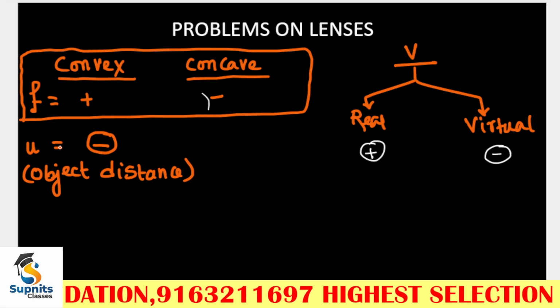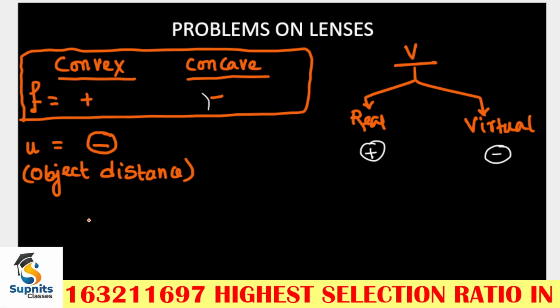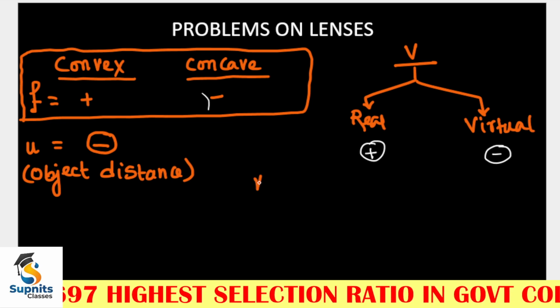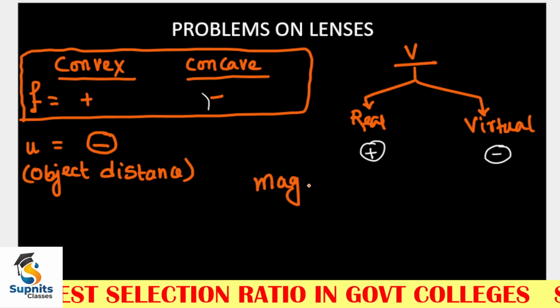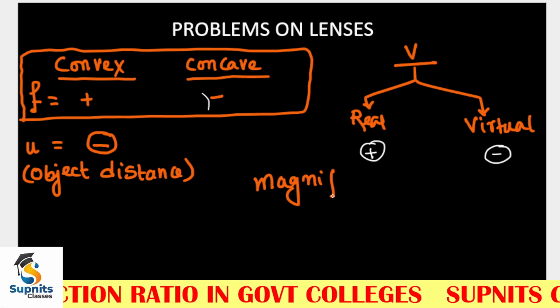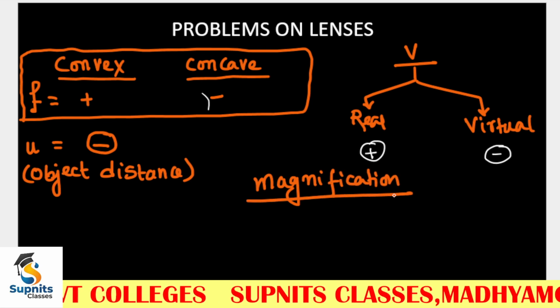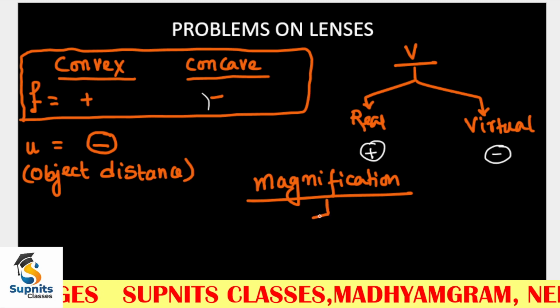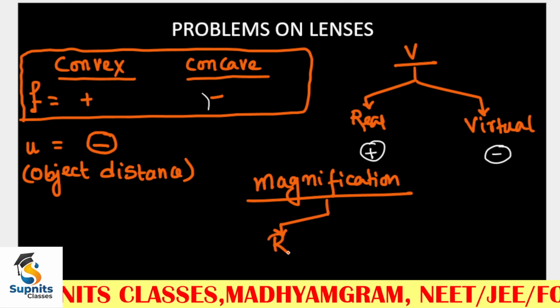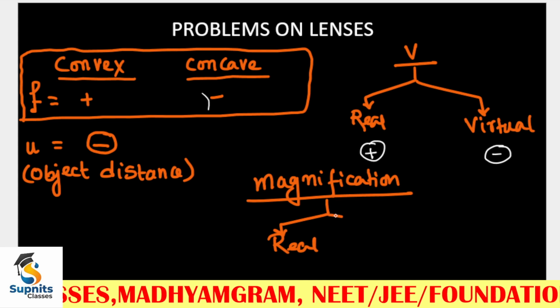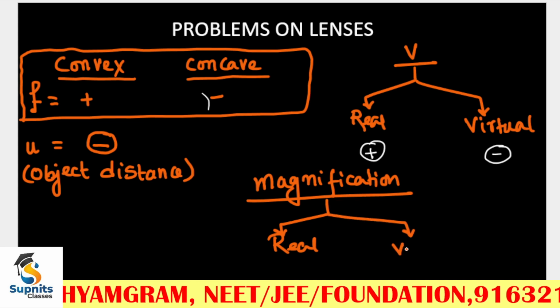Next, U is done, V is done. Next is magnification. Magnification also depends on nature of image. So one image is real, another is virtual.